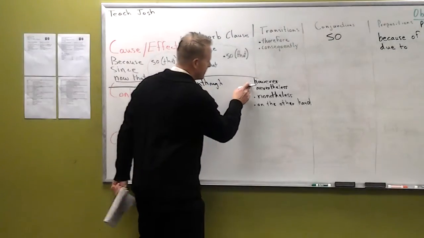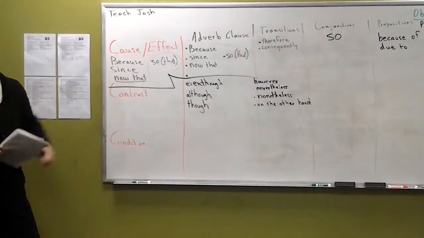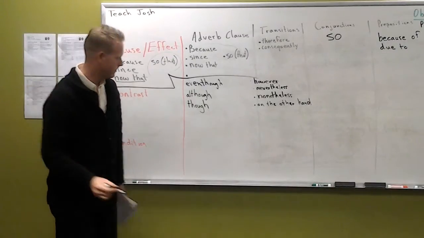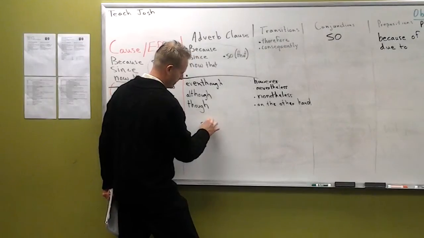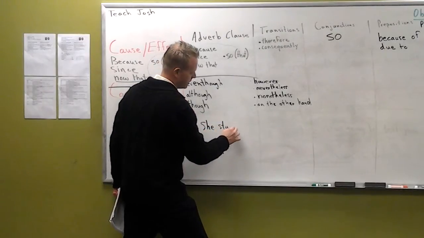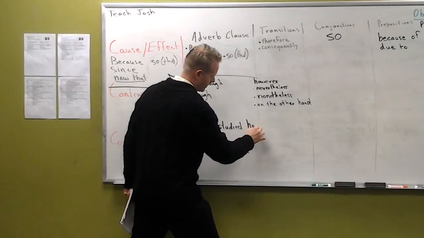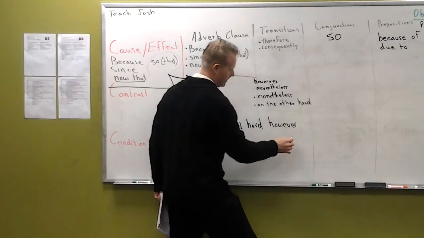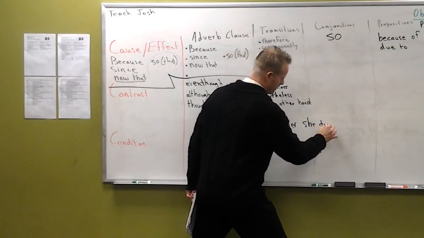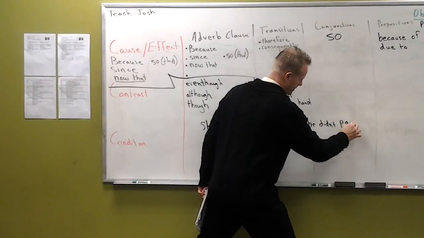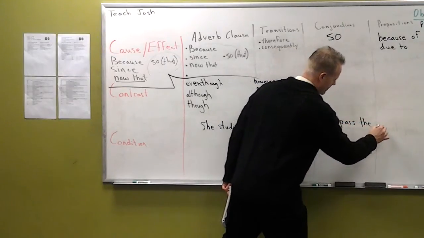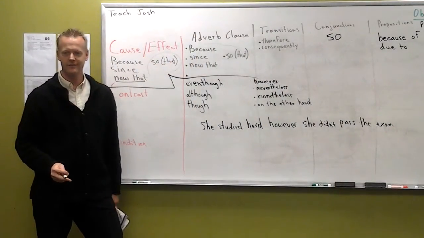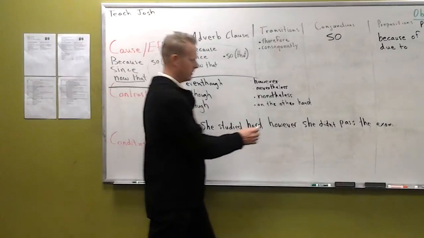All right. Can somebody give me a sentence using however to show contrast? Give me a new sentence, Ziggy. She studied hard. However, she didn't pass the exam. What does the punctuation need to look like here? Comma after however. Okay, definitely a comma.